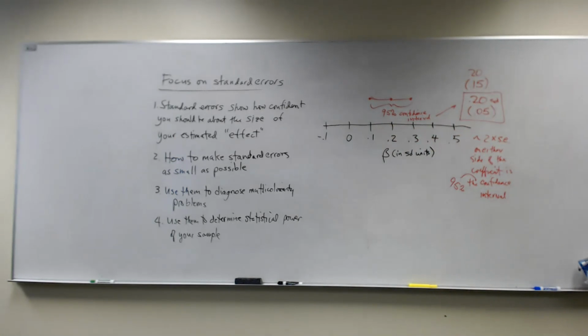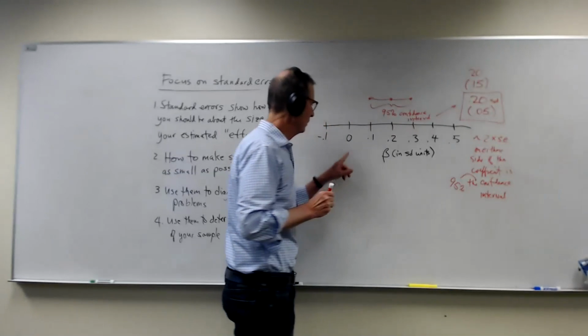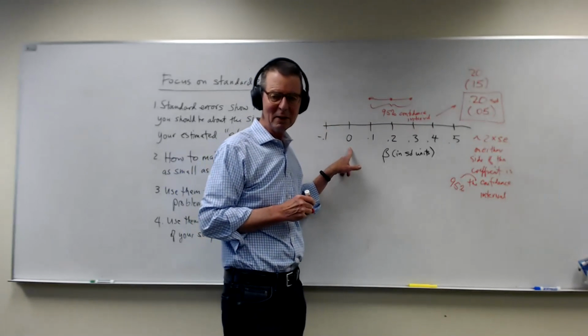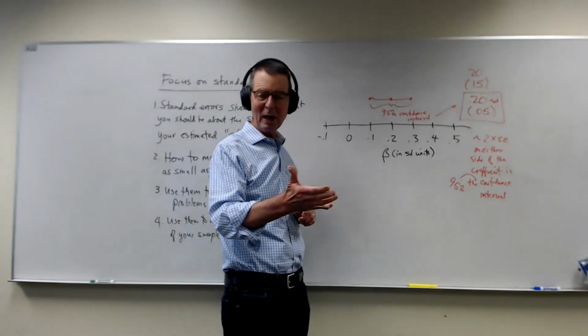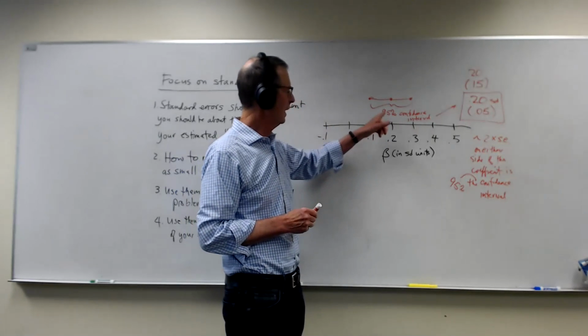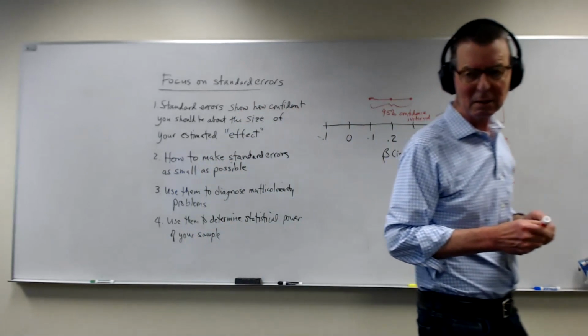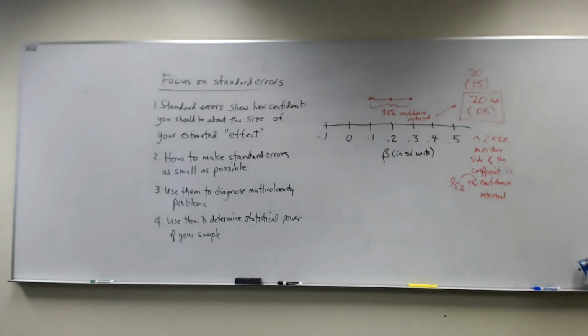Okay, so that's pretty good in terms of the traditional kind of hypothesis testing, which is whether the confidence interval includes 0. How confident can you be that the next time you ran the experiment, you wouldn't get an estimate of 0? In this particular case, you're pretty confident because that confidence interval is a ways away from 0.